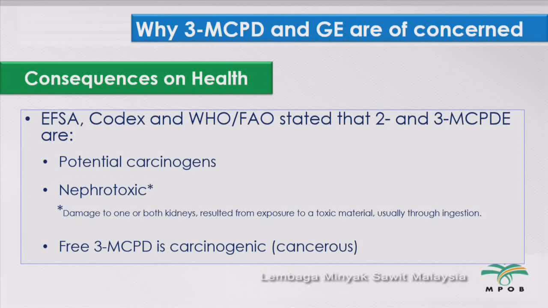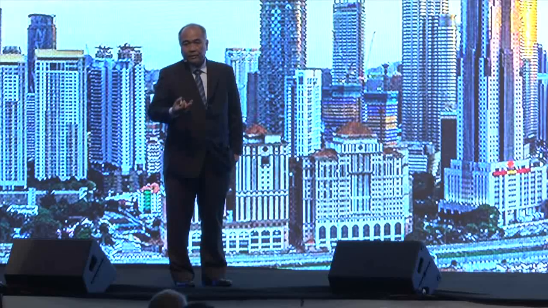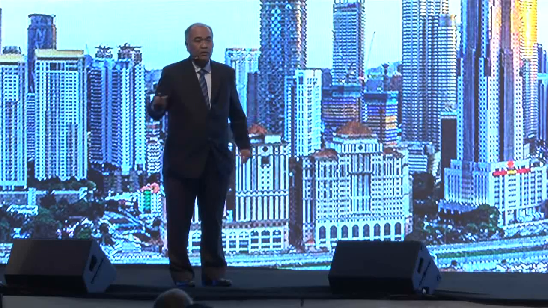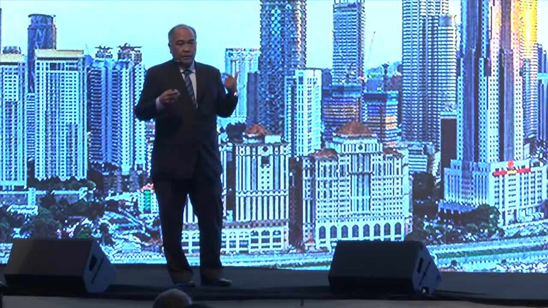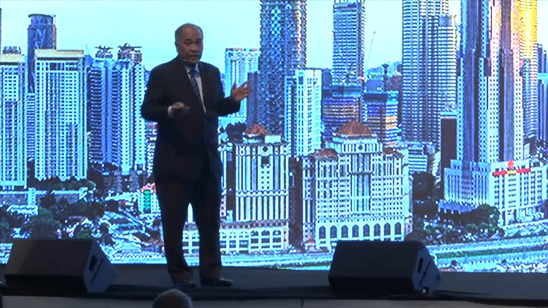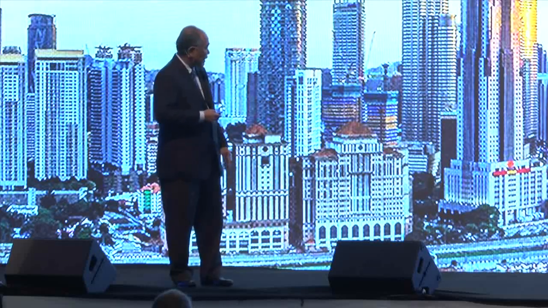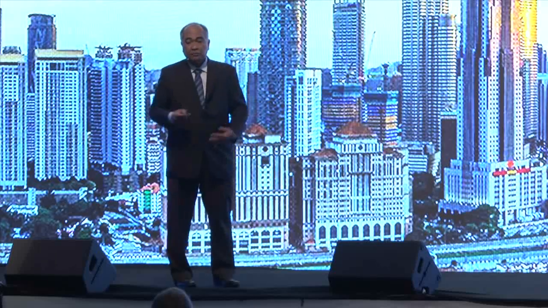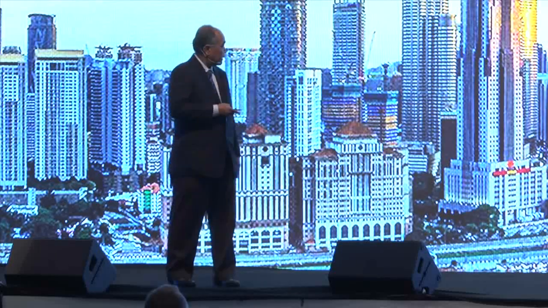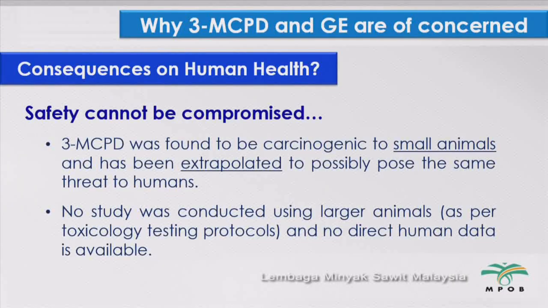So if it causes cancer and affects your kidney and so on, why do we consume it? Why are we not affected so far? So let's see why. Nobody has the answer yet. But there is what they call extrapolation being done by EFSA. 3-MCPD was found to be carcinogenic to small animals and has been extrapolated to possibly pose the same threat to humans.